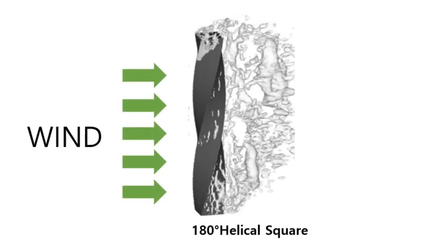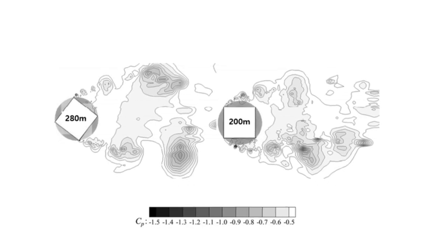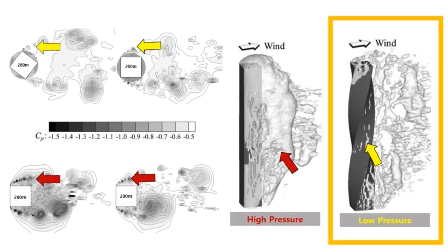And here's the 180-degree helical square model. This is the top view of the wind state at the helical building. For the twisted square model, vortices are significantly different from those of the square extrusion model.